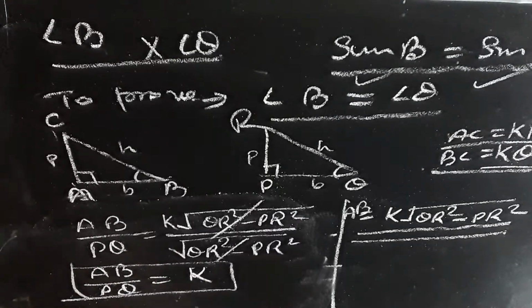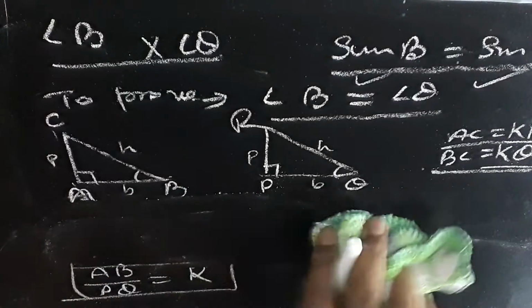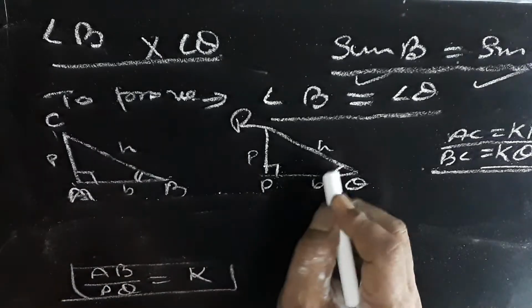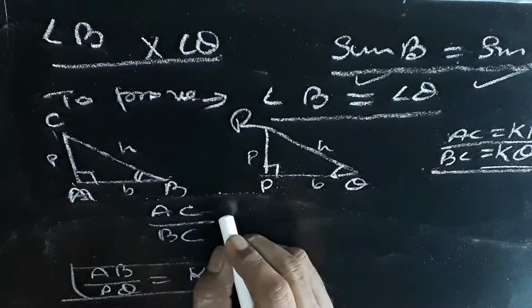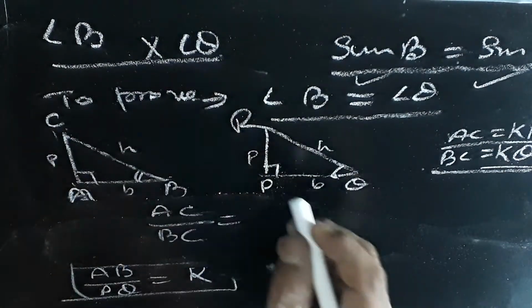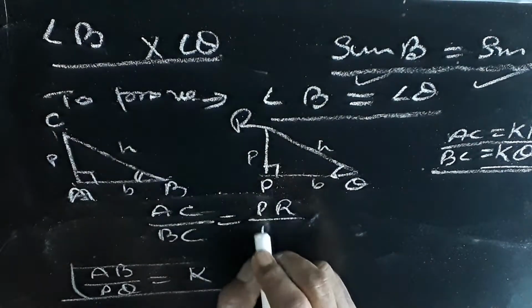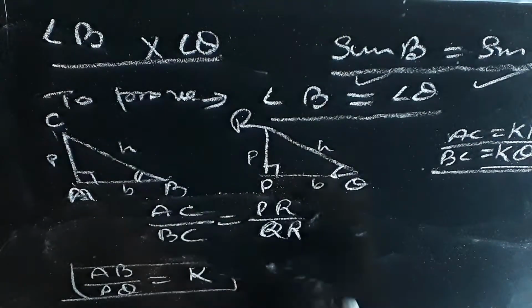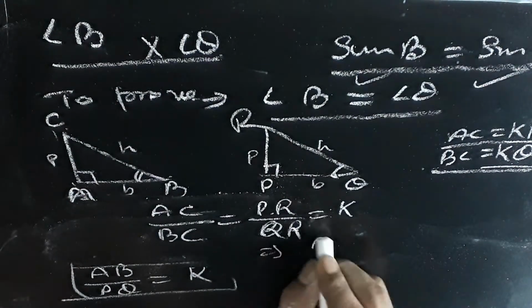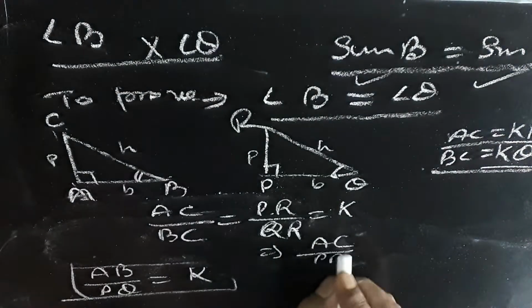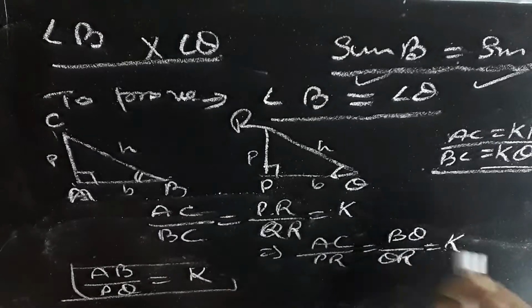Earlier, it was given sin B is equal to sin Q, means AC upon BC is equal to sin Q, PR upon QR. It was given and we had interchanged these two and we got AC upon PR is equal to BC upon QR. That we have already got earlier.